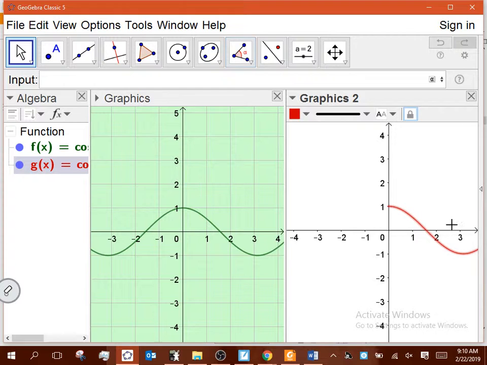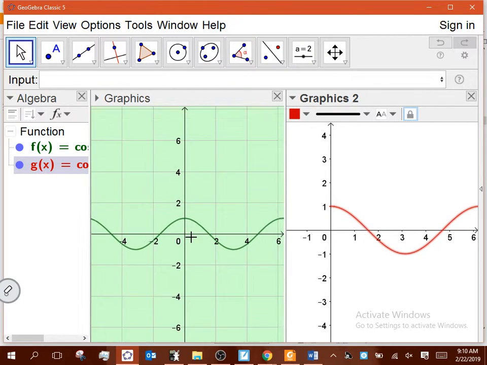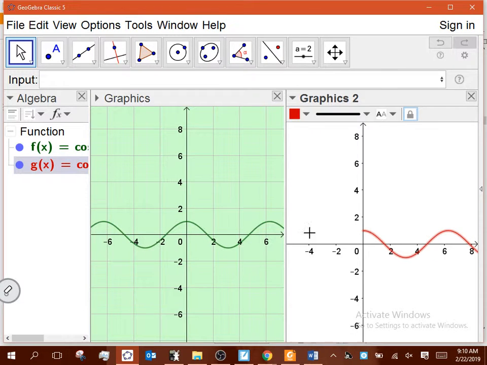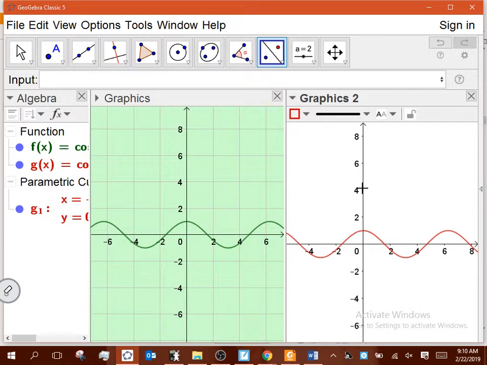If I zoom out a little bit on both of these, would you agree that if I took this red curve and reflected it across the y-axis, I get the same as this green curve? So if I reflect across the y-axis, that means it is an even function. I have y-axis symmetry as an even function.